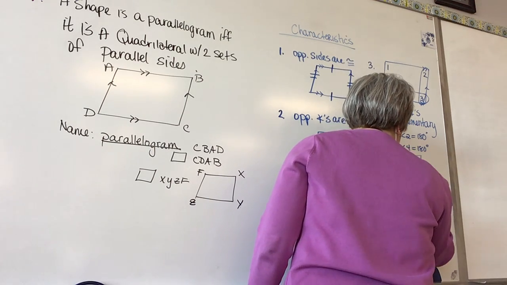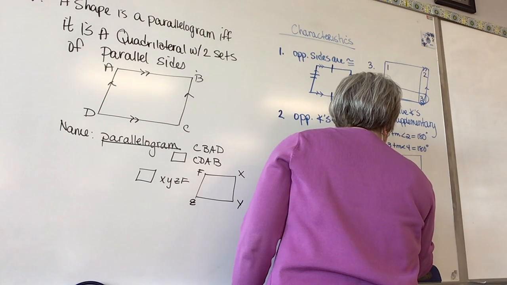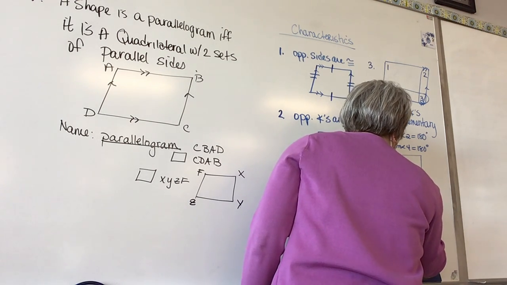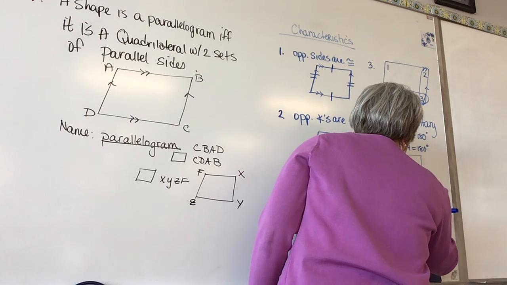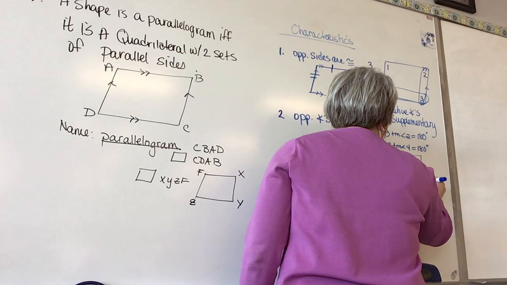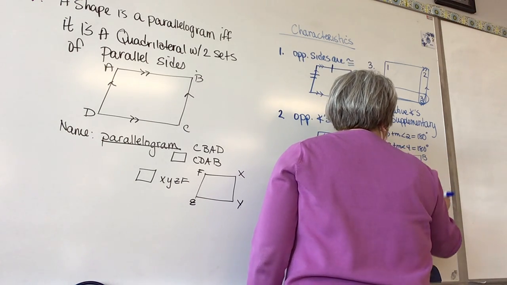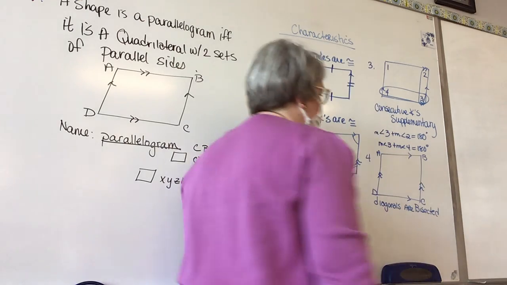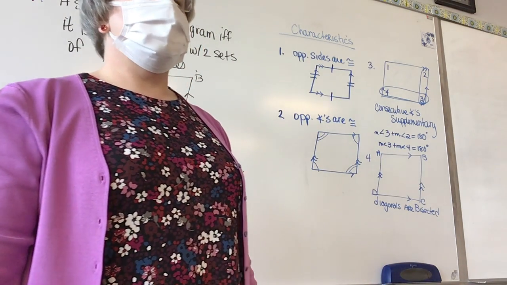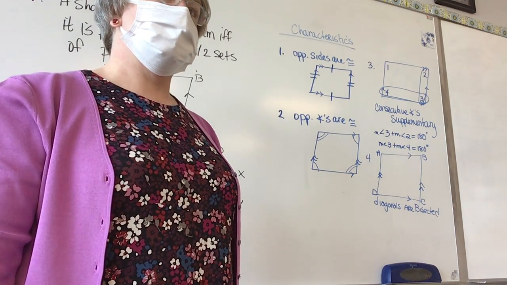Okay. The fourth characteristic. Let's draw the diagonal one. Draw the arrows in for parallel. I'm going to label these A, B, C, and D again. Do you remember from the very beginning of this chapter what a diagonal was?